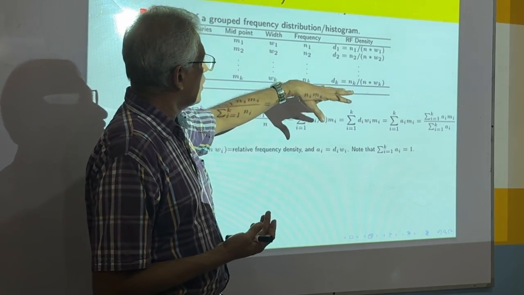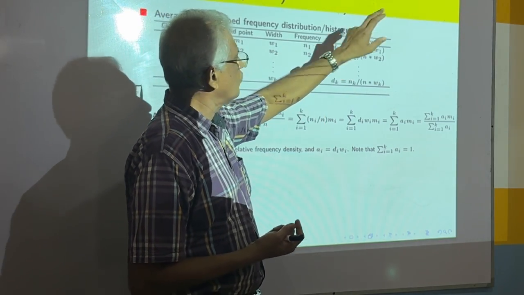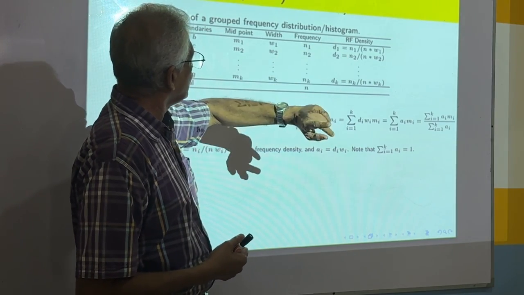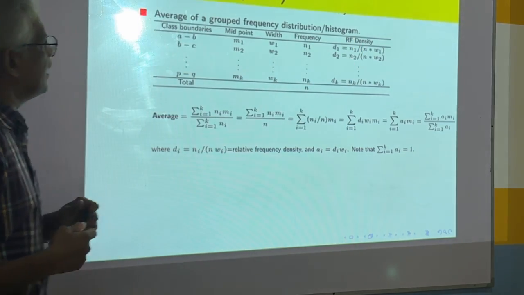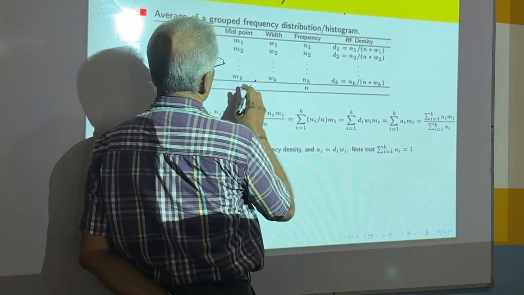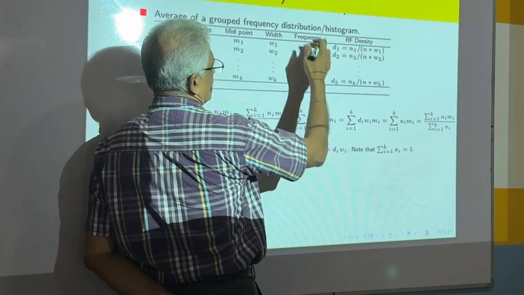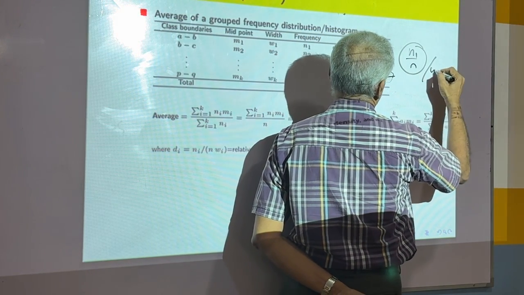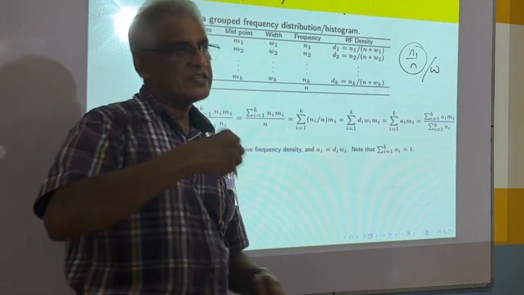So supposing that you have calculated the relative frequency density, that comes from the relative frequency divided by the width, right? Here the relative frequency will be N1 divided by N. You have to divide that by the width to get the density.